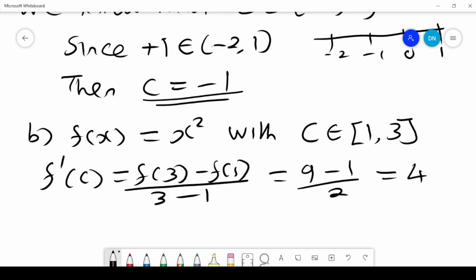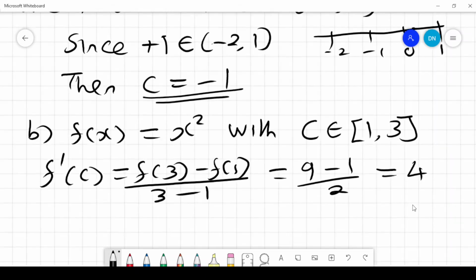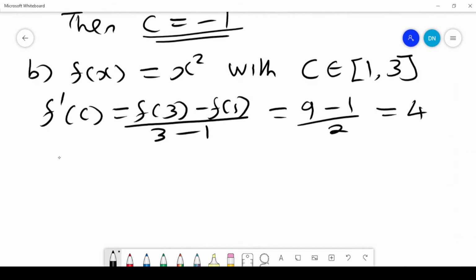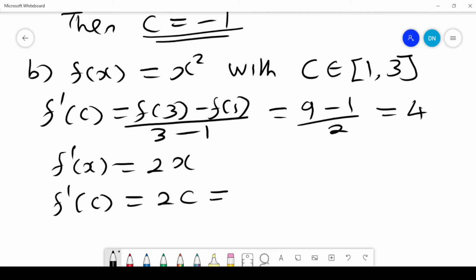So based on that, we can get the first derivative, f prime of x, which gives us 2x, and therefore f prime of c, which is 2c, should be equal to 4, and this implies that the value of c is 2, and it is true because 2 lies between 1 and 3.